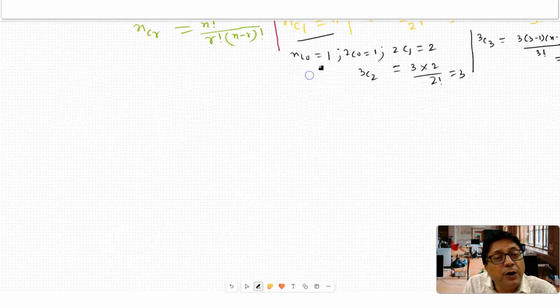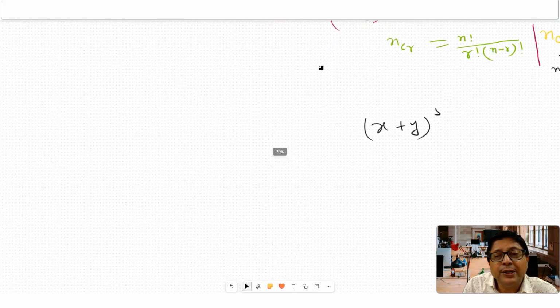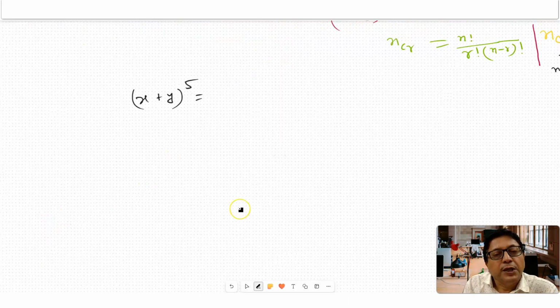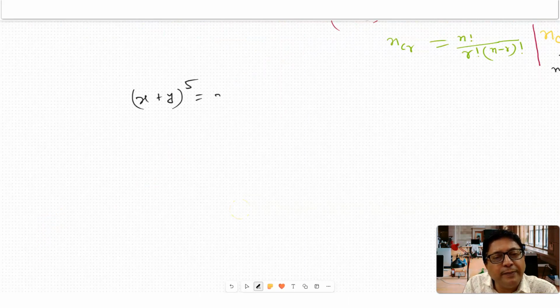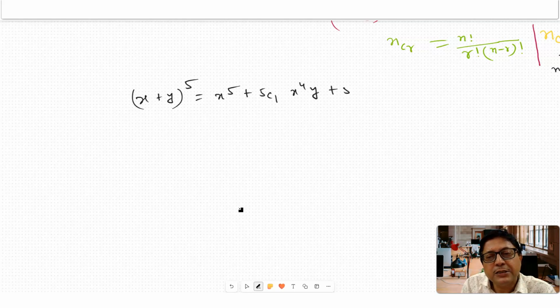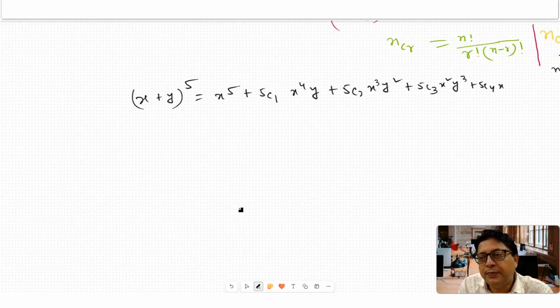So let us write it for (x + y) to the power 5. This will be x to the power 5, 5C1 x^4 y plus 5C2 x^3 y^2 plus 5C3 x^2 y^3 plus 5C4 x y^4 plus y to the power 5.